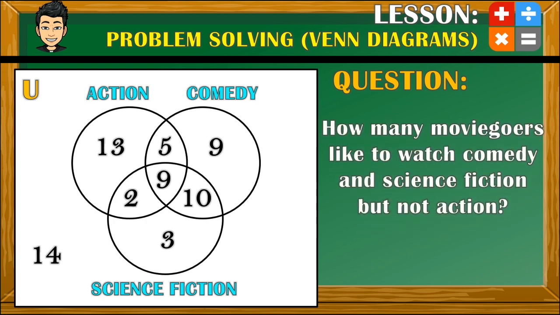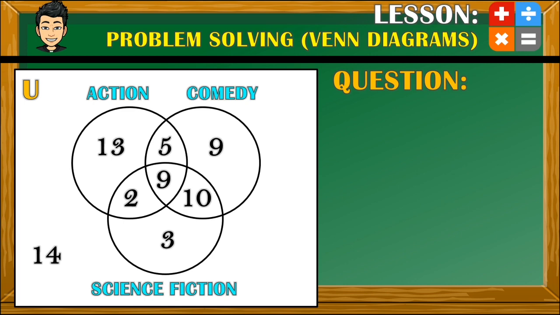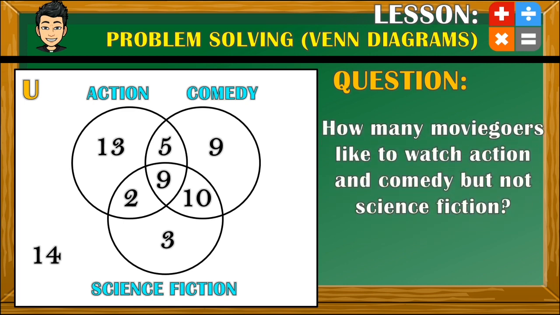How many moviegoers like to watch comedy and science fiction but not action? That is correct. The answer is 10. How many moviegoers like to watch action and comedy but not science fiction?